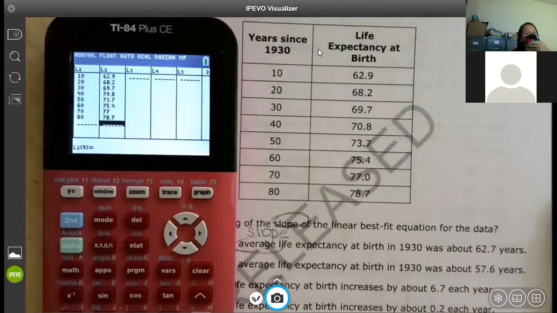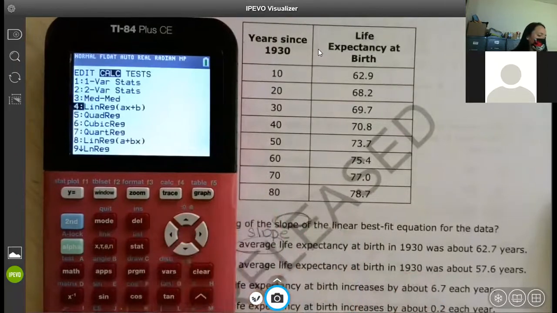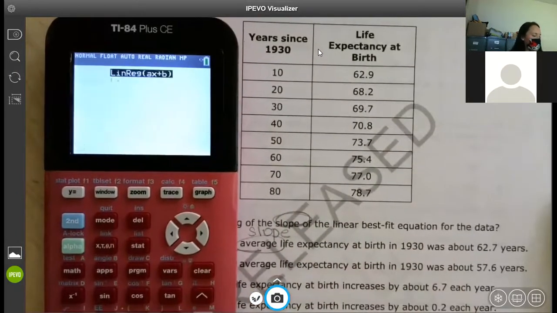Again, just check to make sure you type them in right. Sometimes I type them in wrong. It happens. And then you're going to do stat calc, linear regression, because it tells you to. Linear best fit equation, that's linear regression.